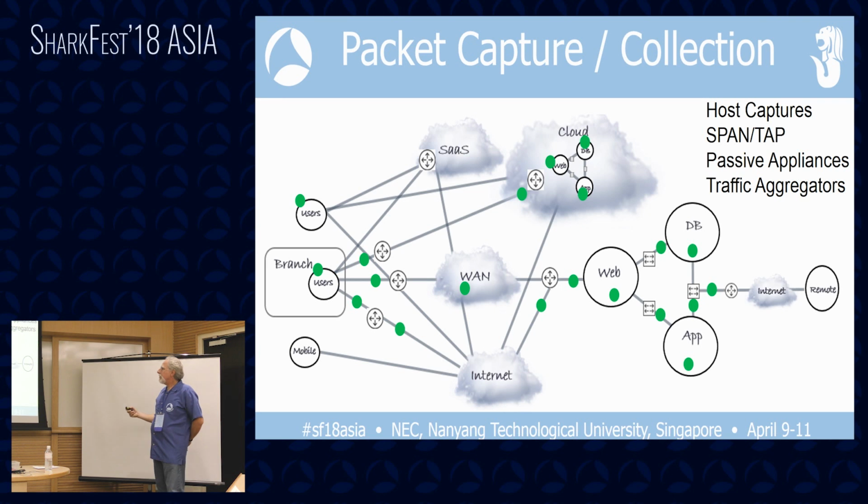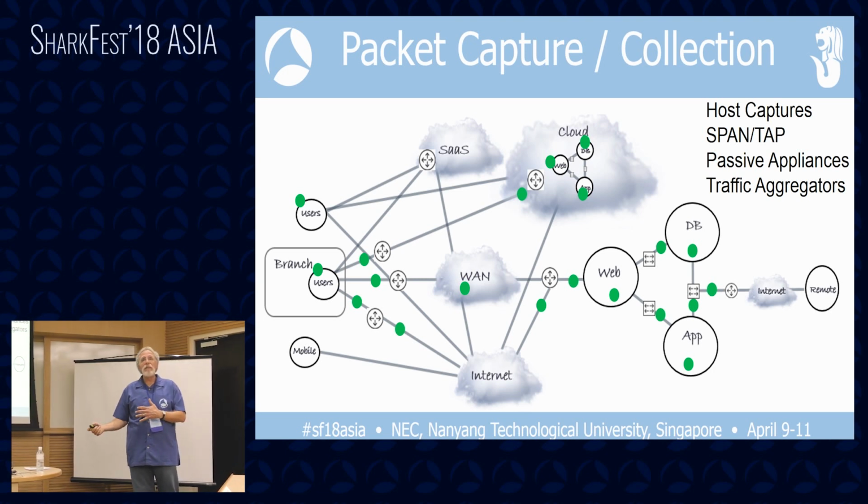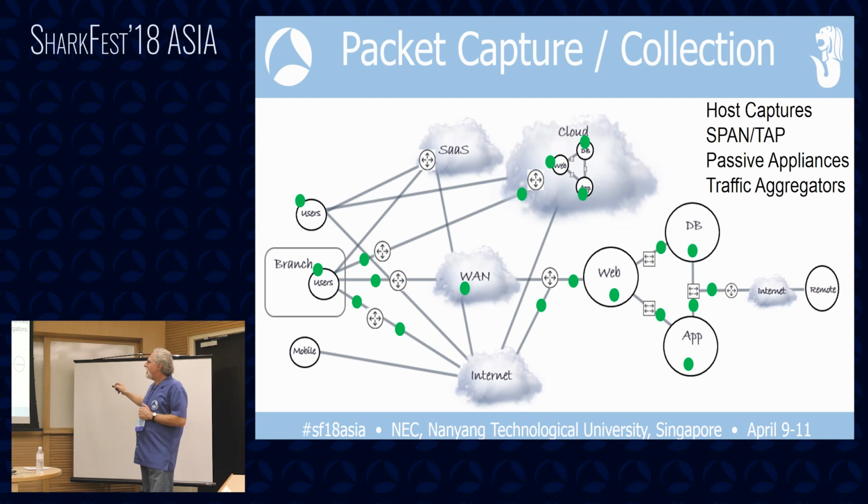And then passive appliances that are consuming all of the packets to generate, number one, a forensic trail based on the network traffic. So you have some amount of time storage where you can get at forensic data for what's been happening, what traffic has been flowing, but also the ability to do analytics against that traffic. Network performance measurements, application performance measurements, all based on network packets.